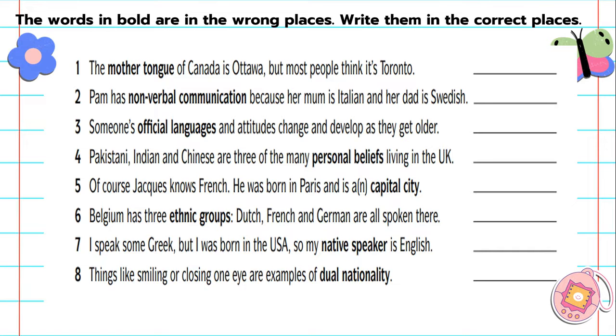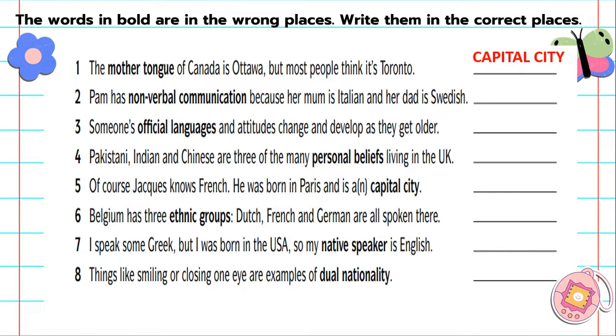For example, number 1. The mother tongue of Canada is Ottawa, but most people think it's Toronto. So the words mother tongue there are not suitable for that sentence. Which phrase or words can you use to replace mother tongue?